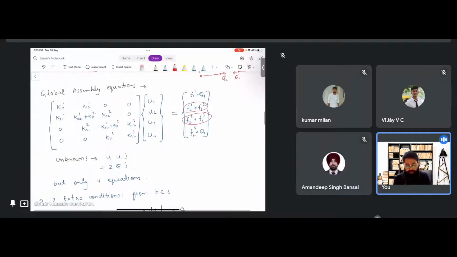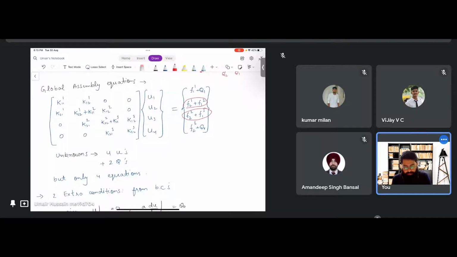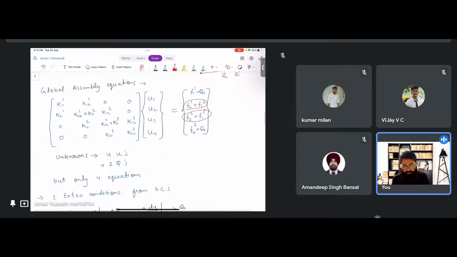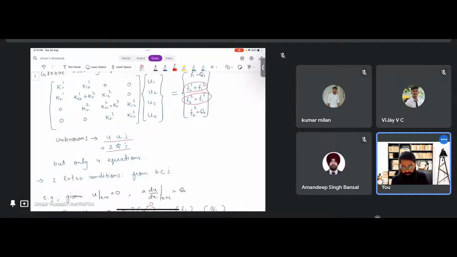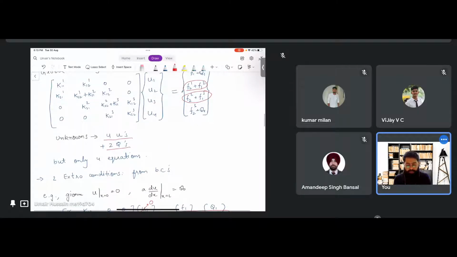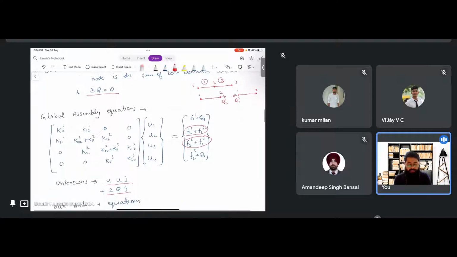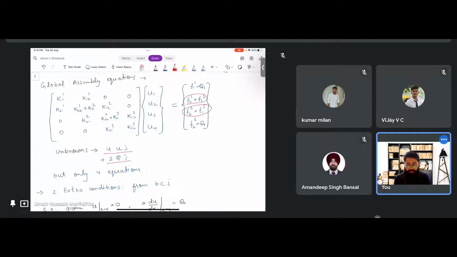So at the end we have four displacement variables which are unknown, and we have two q values which are unknown. Suppose this is a deformation problem, a deformation bar.